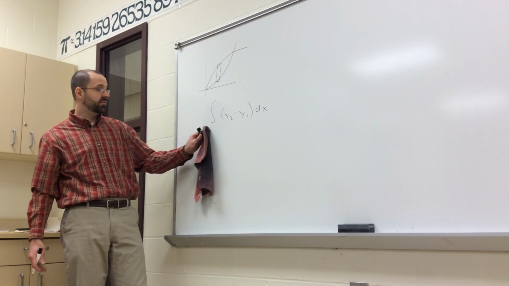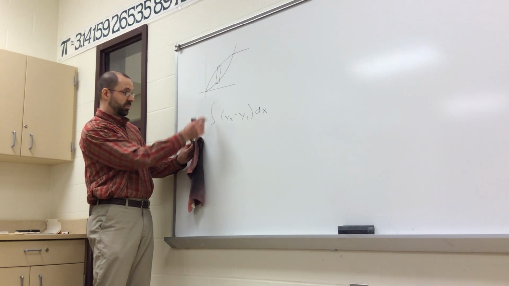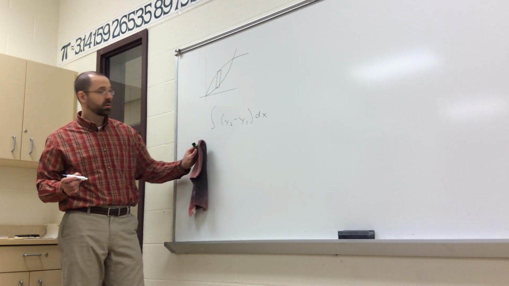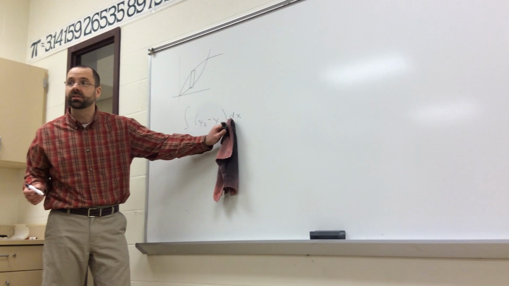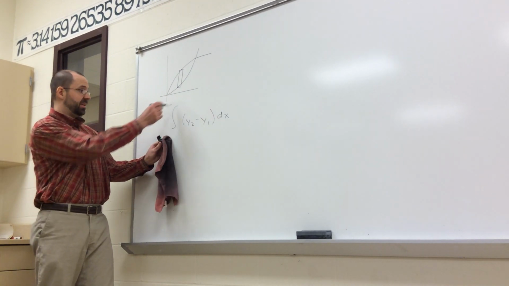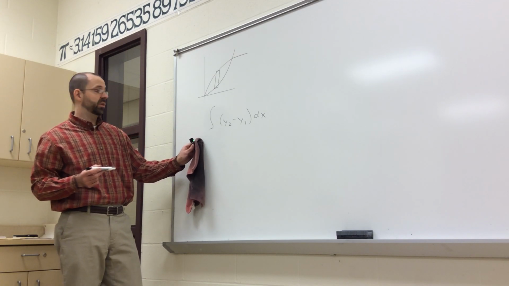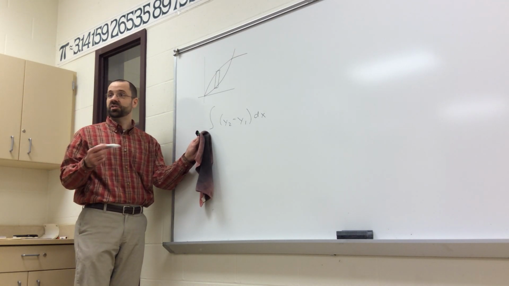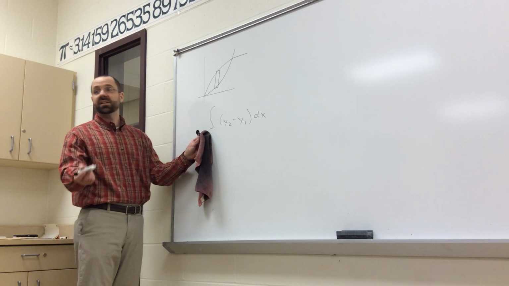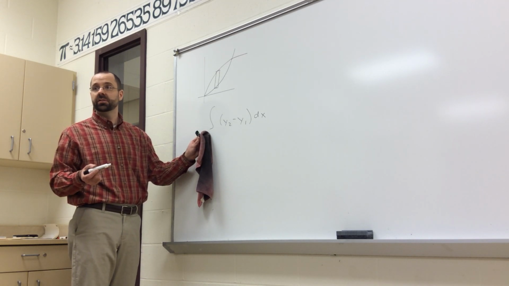Okay, so then I need to figure out what this should be and what that should be, right? Well, we have a dx here, so that means these need to be x's. So we need the smallest x value on the shaded region and the biggest x value on the shaded region.